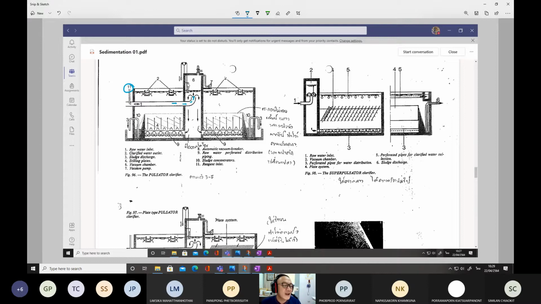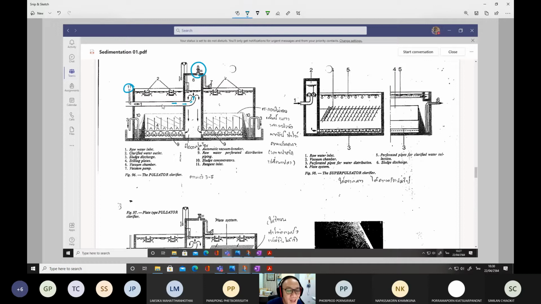It looks like a tower, but in fact it is just a chamber where we can regulate the pressure. This is the valve, and we can regulate the pressure.